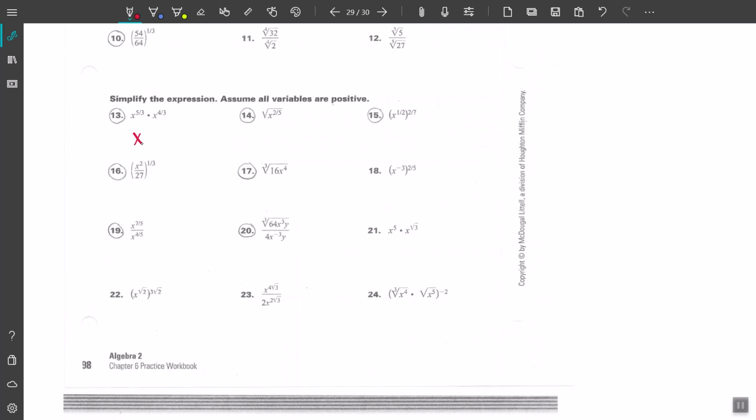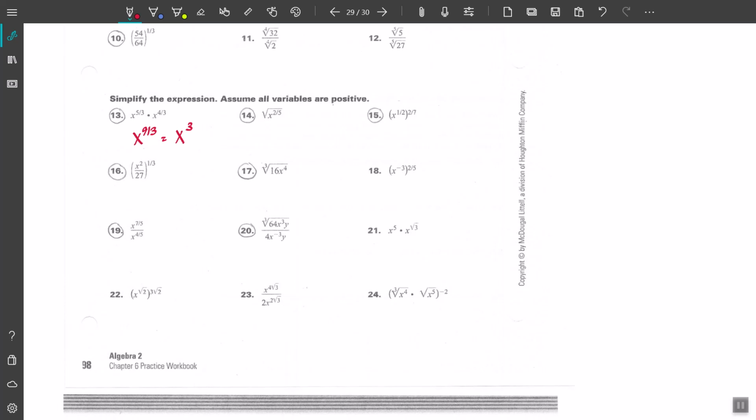So we're just going to rewrite the base. We're going to add those exponents. And again, we're going to simplify if we can, which we can simplify 9/3 to 3. So this is just x cubed. The same rules apply. You just have to account for making sure that the variable is the same on the bases that you're combining.